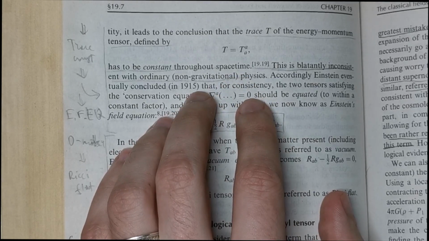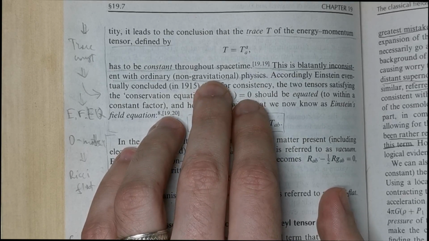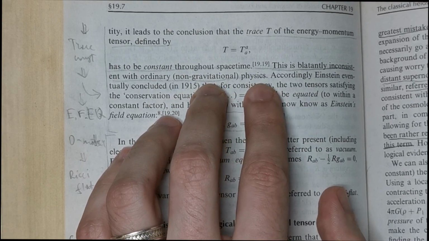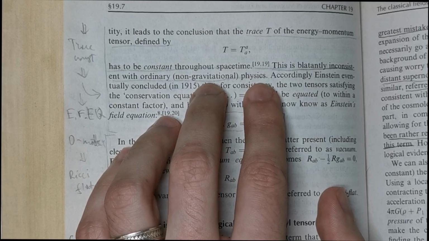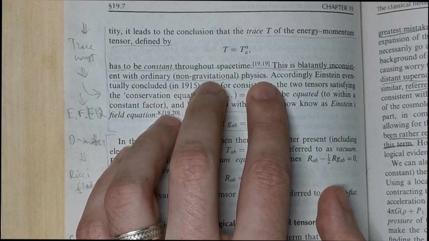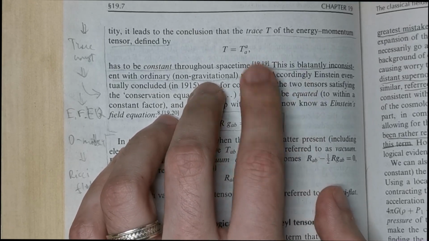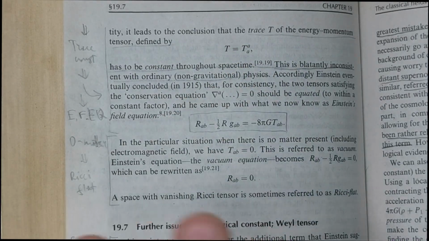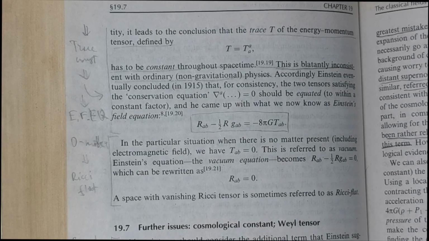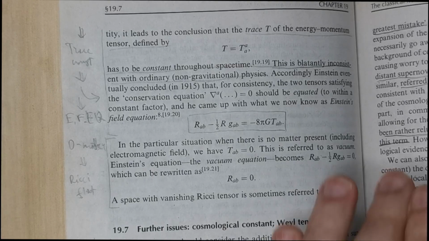And this is really inconsistent with ordinary physics, probably because we have different distributions for the energy densities and pressures in space. And in that case, we are obtaining a flat picture in terms of the energy momentum distribution.